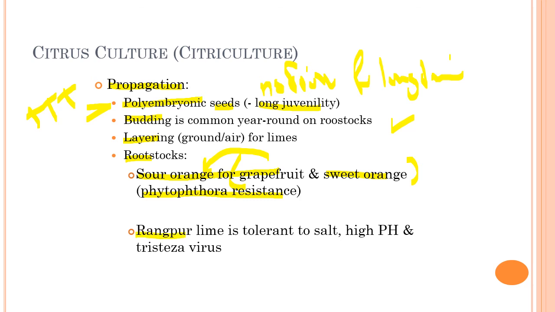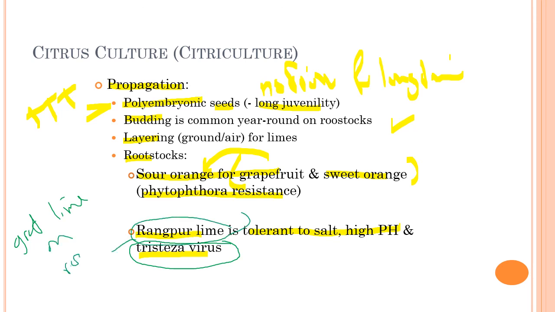Lime, Rangpur lime especially, is very tolerant to salt, pH, and Tristeza virus. So if we have a virus like Tristeza, a very common virus of citrus, we can graft lime on Rangpur lime rootstock. So this is the rootstock that we can use for grafting.